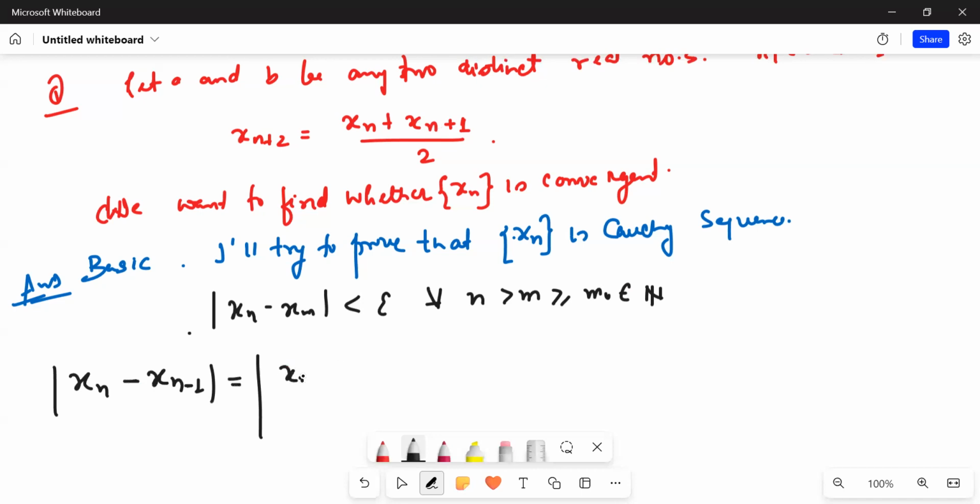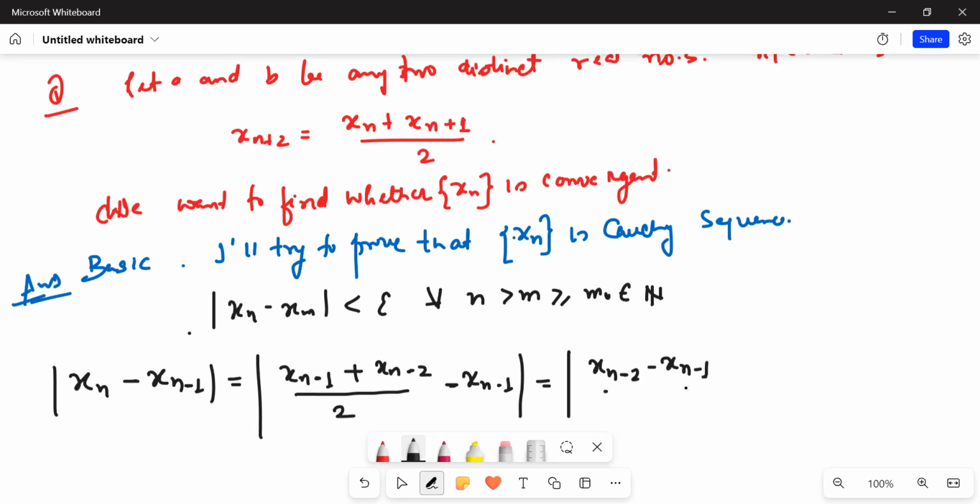So I'm writing it is equal to the modulus of (x(n minus 1) plus x(n minus 2)) divided by 2, minus x(n minus 1). And it will be equal to the modulus of (x(n minus 2) minus x(n minus 1)) divided by 2. Is that clear till now?